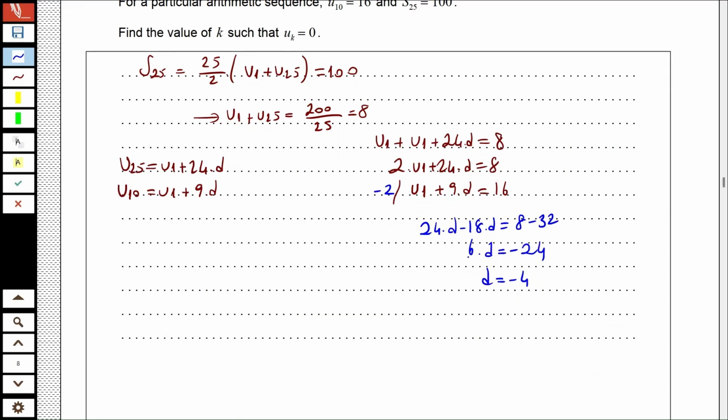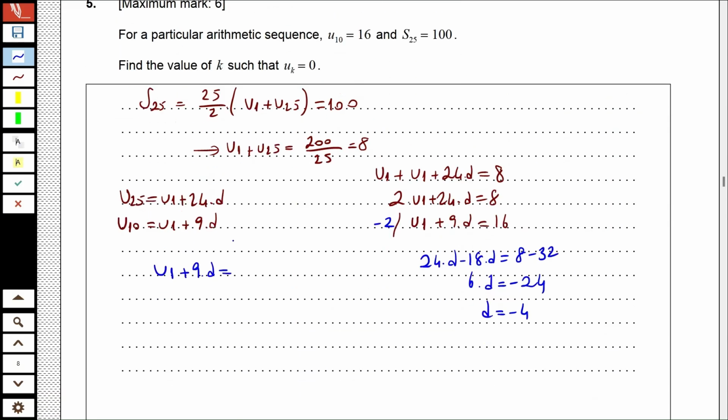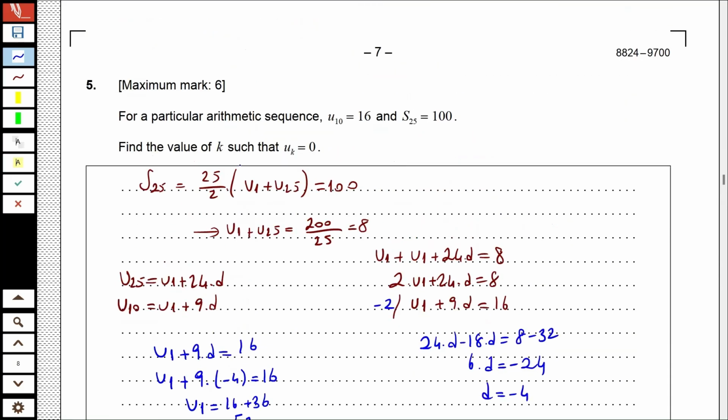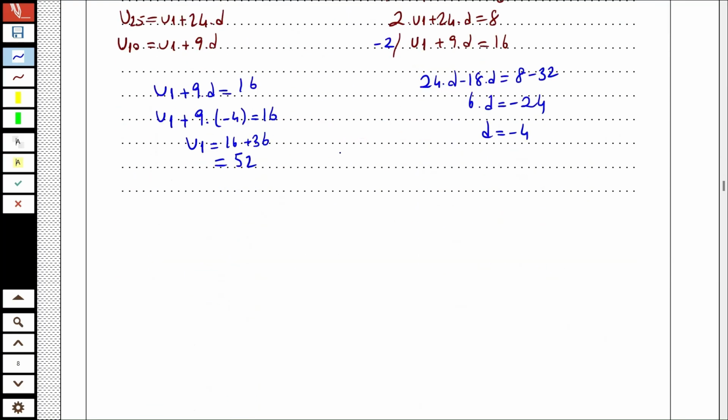From here, you can find, for example, that U1 plus 9 times D, which is U10, equals 16, and U1 plus 9 times minus 4 equals 16, and U1 equals 16 plus 36, 52. We are looking for the Uk which equals 0.